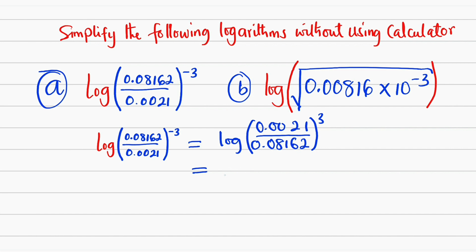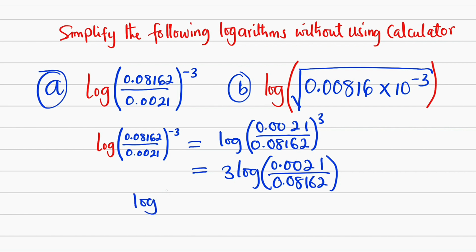This is equal to 3 multiplied by log of 0.0021 divided by 0.08162.